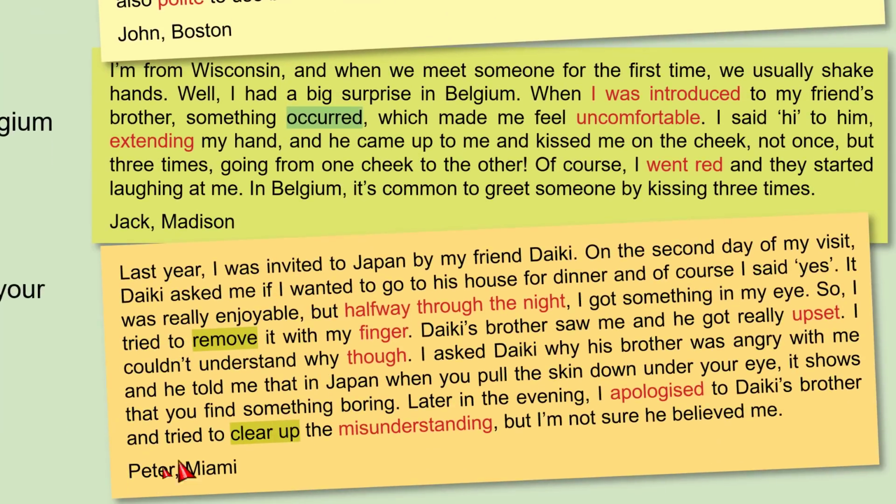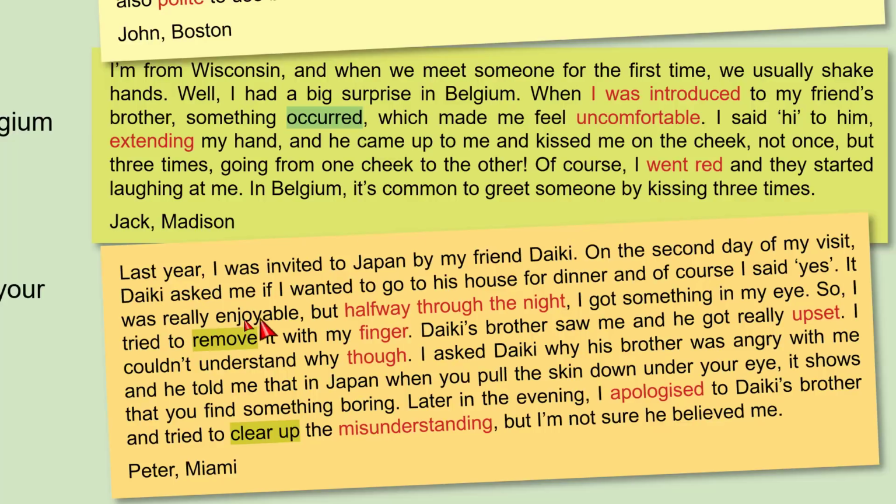Now, Peter from Miami. Last year, I was invited to Japan by my friend Daiki. On the second day of my visit, Daiki asked me if I wanted to go to his house for dinner, and of course I said yes, I would love to come.